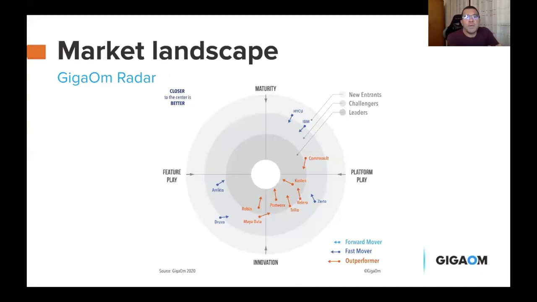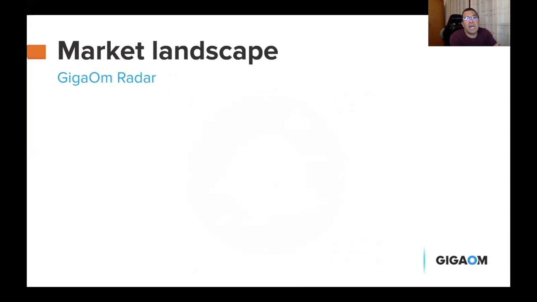So let's take a look at the market landscape. This is our latest GigaOm radar, published last week, and as you can see, there are several players that are already working on data protection. Of all these vendors, some of them are really active in providing data management solutions.